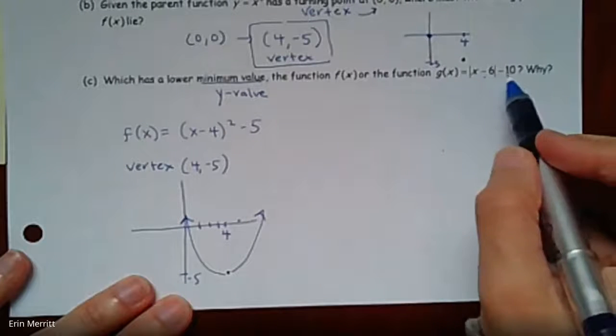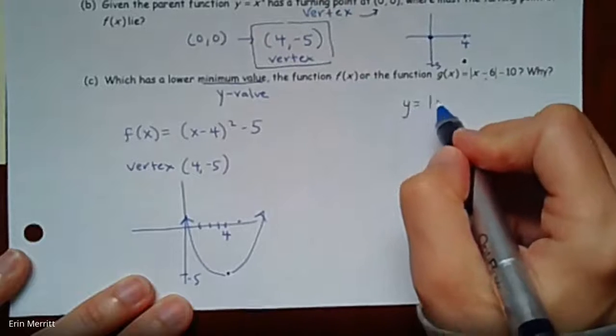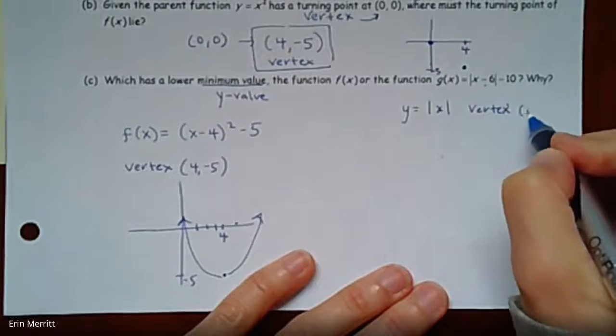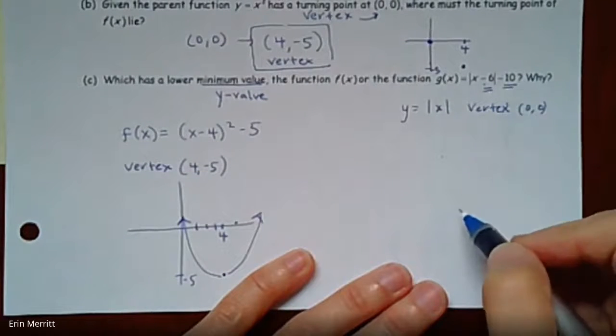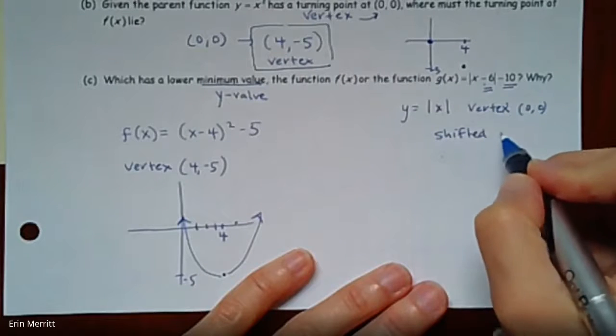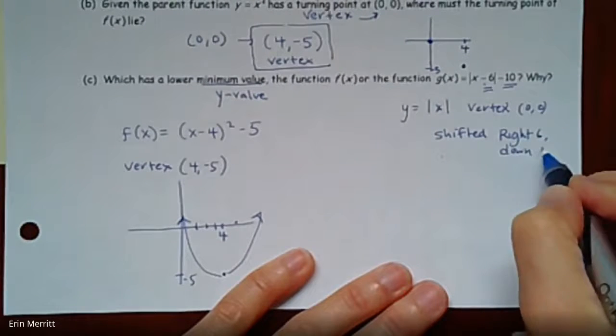All right, for this one, think of the original function, the most basic absolute value. Its vertex point is also at 0, 0. So when I see -6, -10, that means the vertex is going to have been shifted to the right 6, and then down 10.